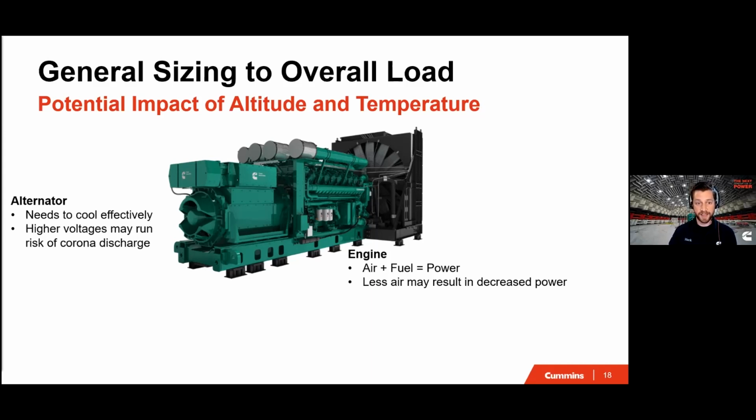The hotter the air or the less dense the air due to altitude, the harder it gets to cool the system. Also of note, less dense air begins to pose the risk of corona discharge with higher voltage applications, but I'm not even going to touch that animal in this course.